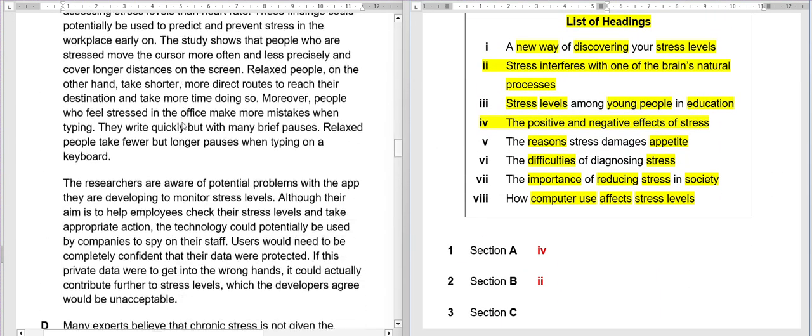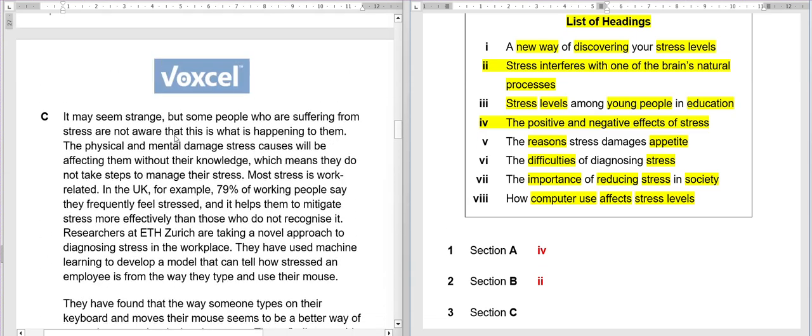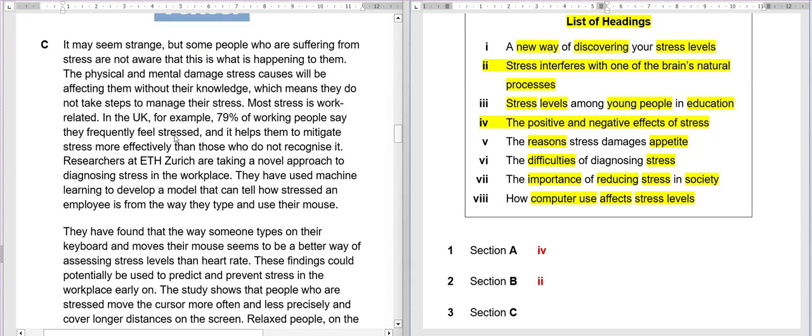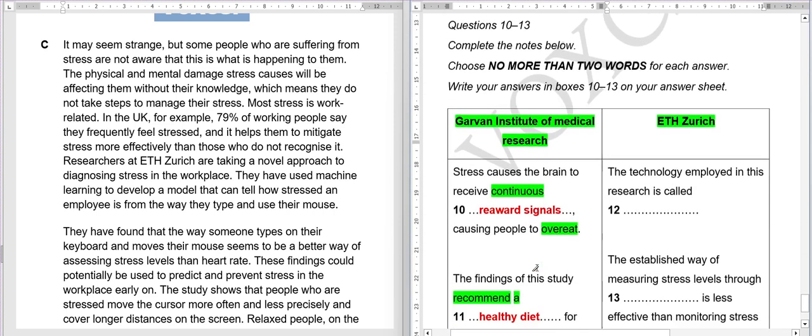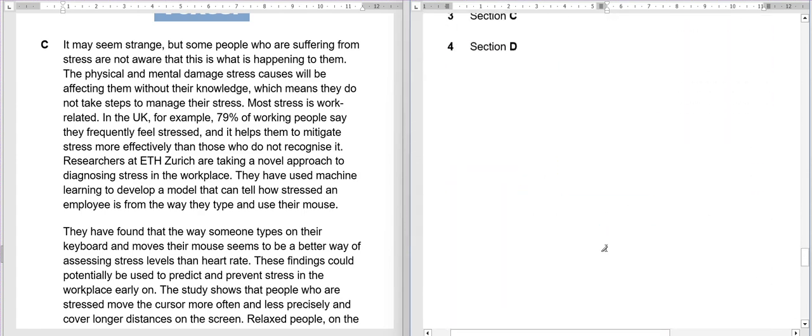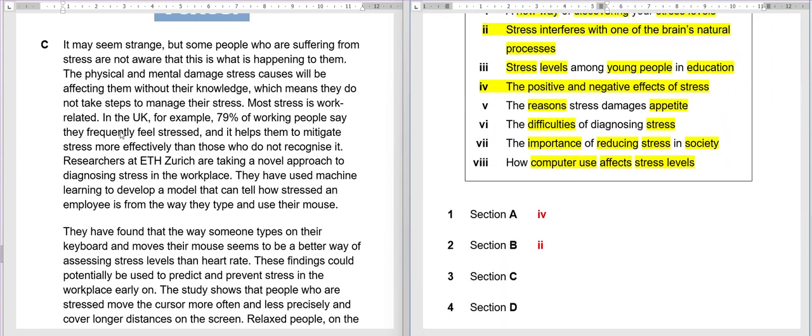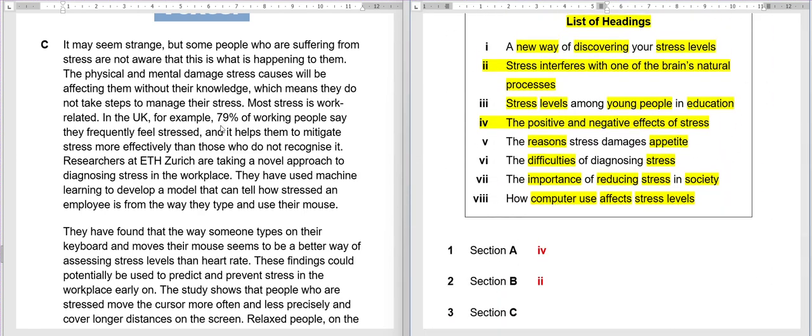It also has three paragraphs in it, so we will follow the same strategy. We will read the first paragraph, try to find the information of the list of headings, then the second and then the third, and then we will see whether we will remain in the same option or not. After reading the first paragraph, we will look at these questions like we did in the B section. Clear? Let's read the C section.